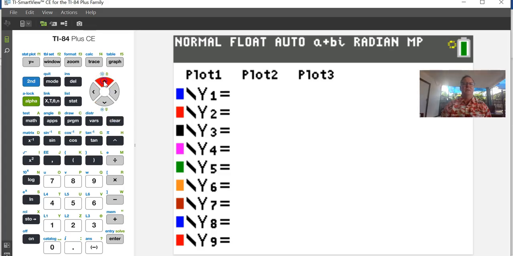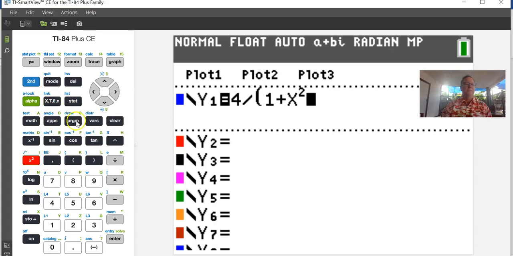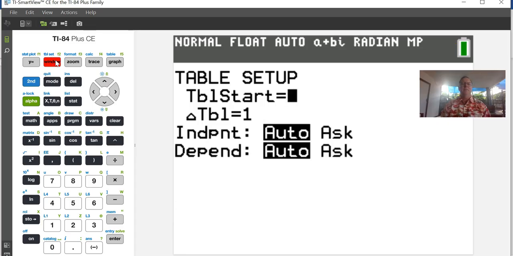So I want to put the original function, which is 4 divided by, in brackets would be best, 1 plus x squared. Now I would like to know values for y when I change my values for x. What I do is I find those values in my table, which I'll get to in a moment. But before I get to the table, go to second function and window to get to table set.